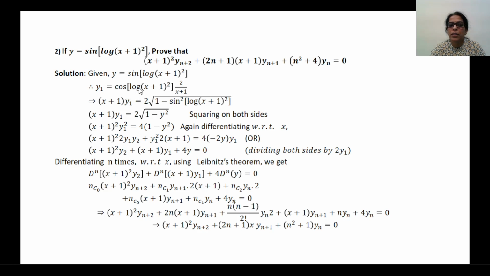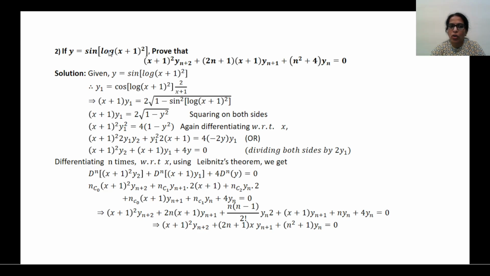Cos can be written in terms of sine as, this 2 is constant as it is, square root of 1 minus sine square, where instead of theta you have log of x plus 1 whole square. Now what is this sine of log of x plus 1? What is the given function?